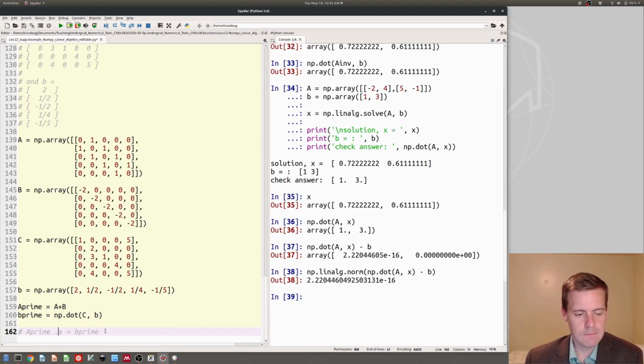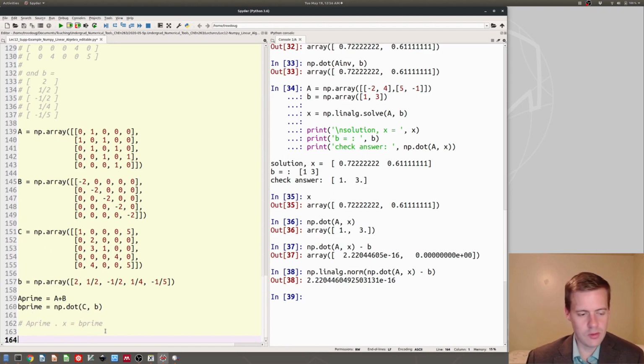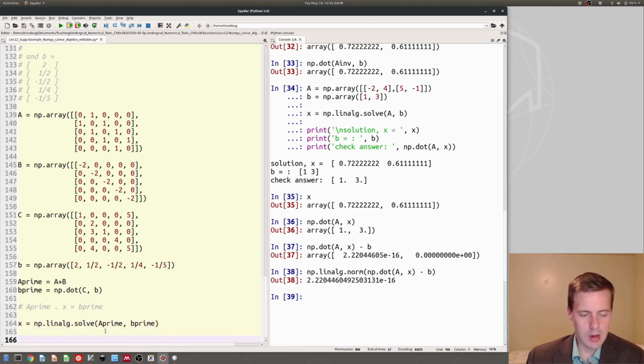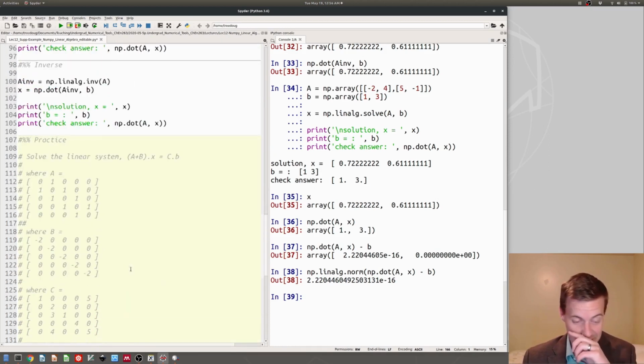All right. So how do I solve that? Well, I use my old solver. So I do x is equal to np.linalg.solve of a prime comma b prime. All right, and how do I check my answer? I want to check that this is true.